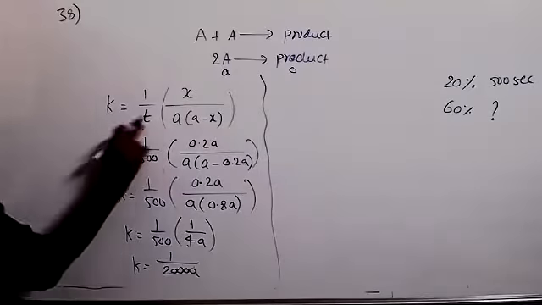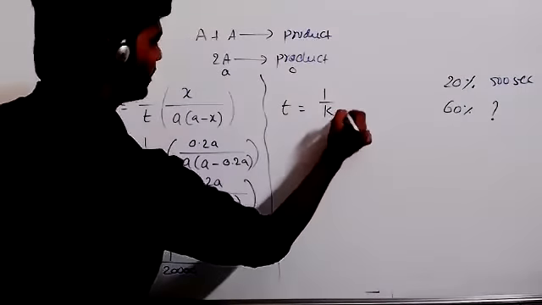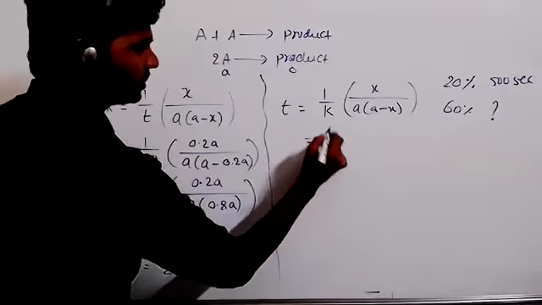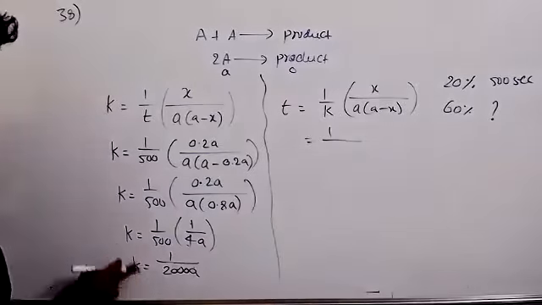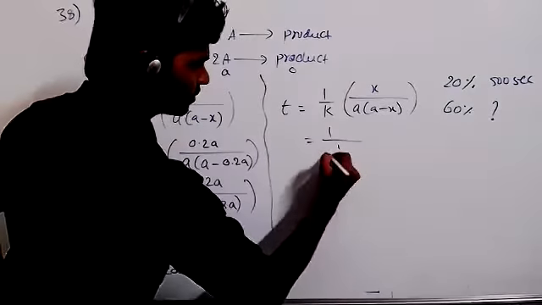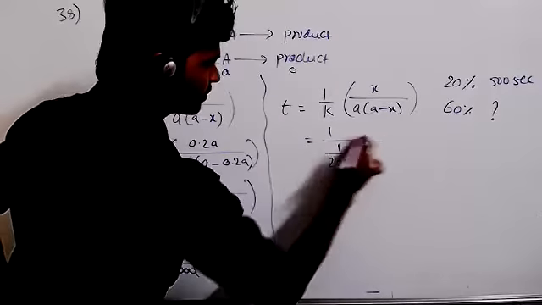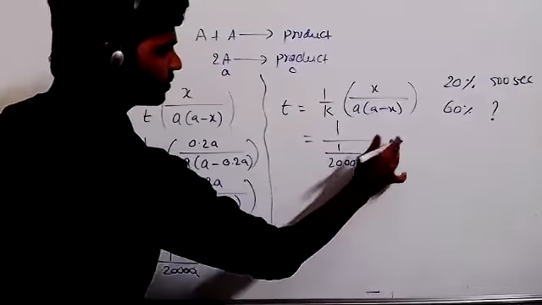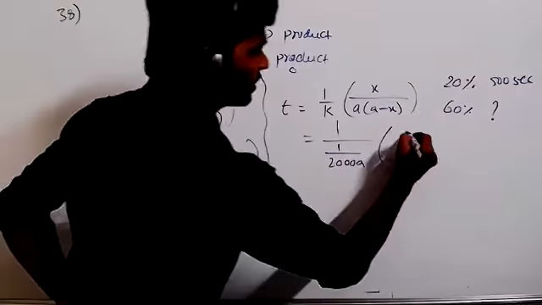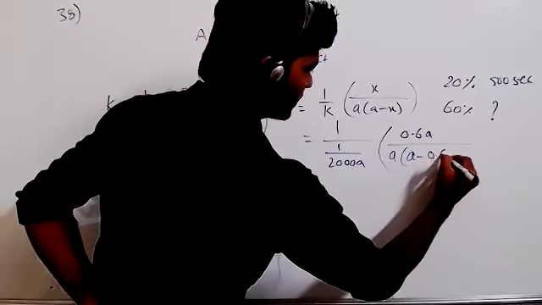Then we can get how much time is required. Same formula: now we have to calculate T equals 1 by K into x by A into A minus x. Substitute 1 by K value, which is 2000 A, so 2000 is going up. Now x is 0.6A by A into A minus 0.6A.